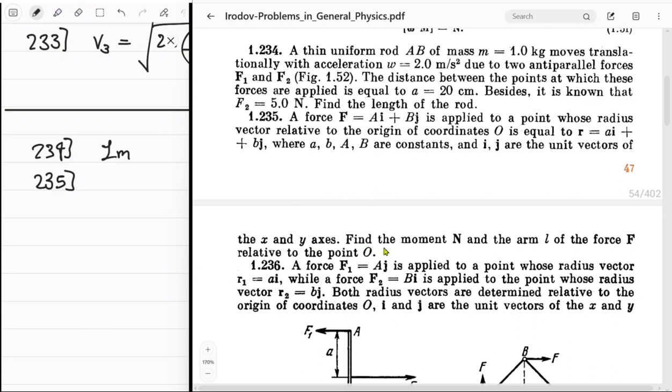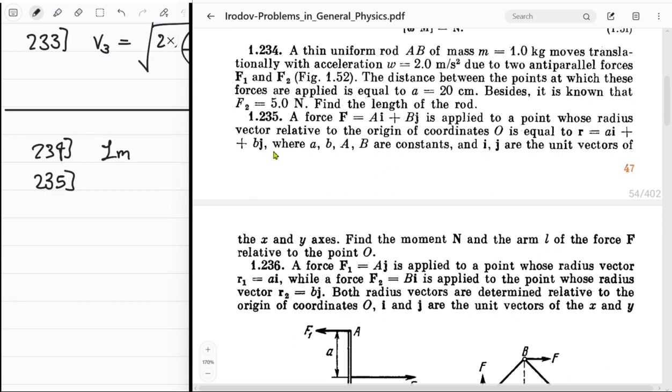Find the moment N and the arm L of the force relative to the point O. Arm L is that component of the R vector that is perpendicular to F, right? First, we figure out what the arm length is. What is L? F is given. What else was given? R is equal to A plus Bj.